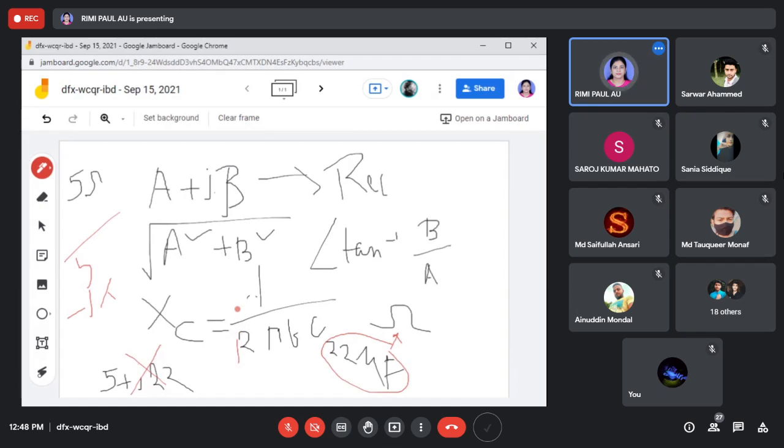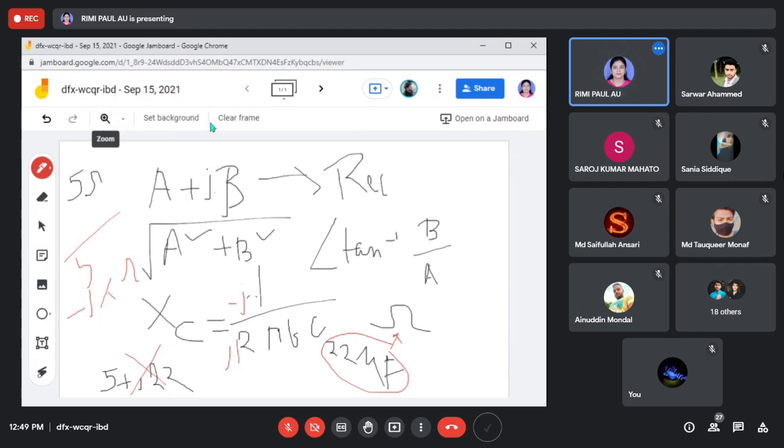If I multiply here J and J, then this J will be in the numerator, and J into J is J square. J is equal to root over minus 1, so root over minus 1 whole square means minus 1. So you will get minus J, and this part is 1 by 2 pi Fc. So we will get 5 minus J Xc ohm.